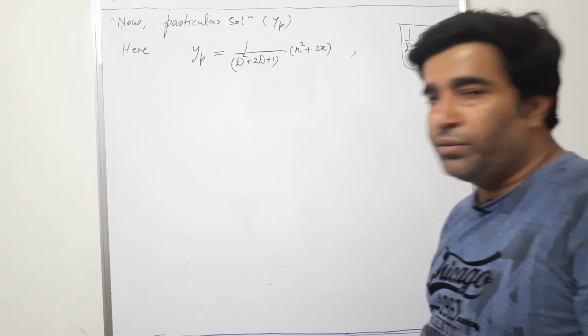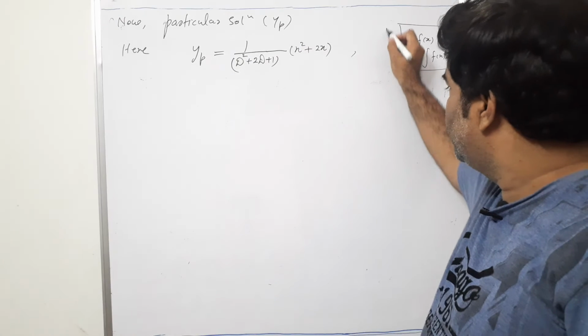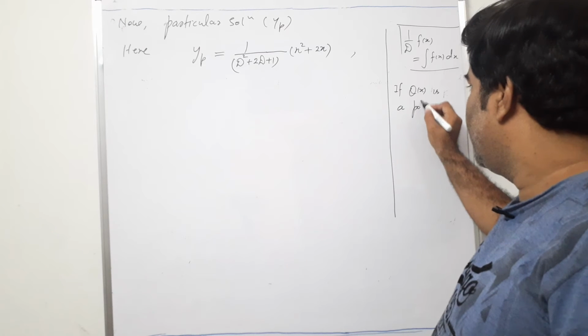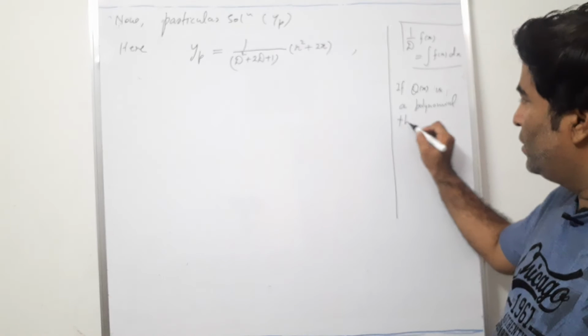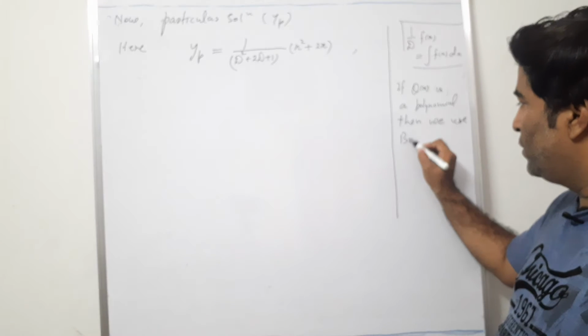So always keep in mind, if Q(x) is a polynomial in x, and the degree of this polynomial is k, then we use binomial expansion.